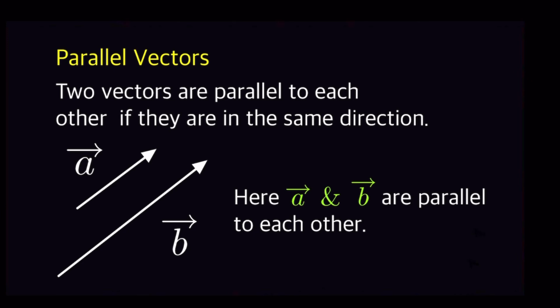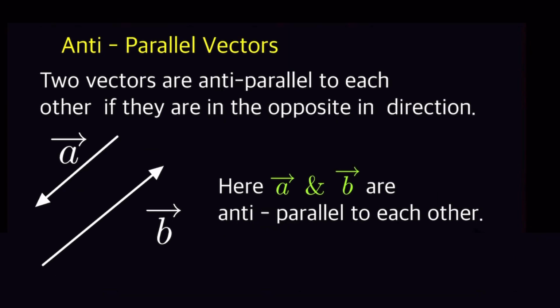They may be equal in magnitude, they may not. Now, anti-parallel vector. Two vectors are anti-parallel to each other if they are in the opposite direction. That is, the angle between two anti-parallel vectors is 180 degrees. Here you can see that vectors A and B are anti-parallel to each other.